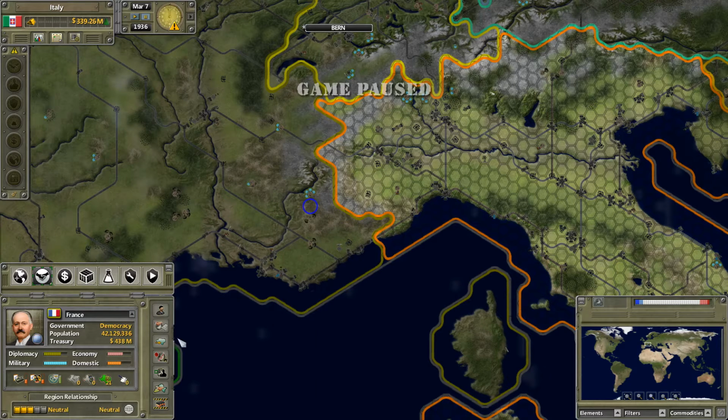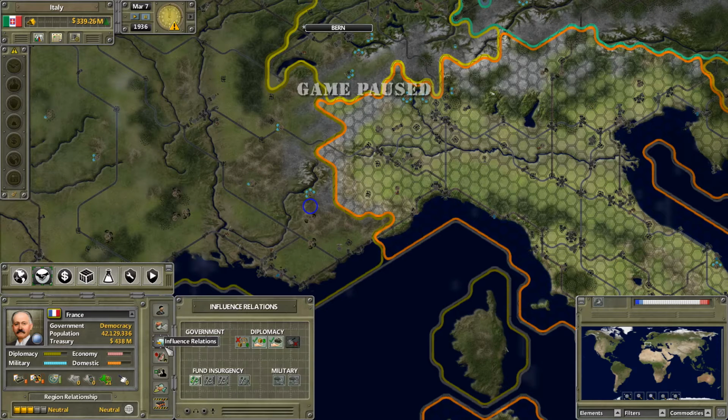Now, as you go through the diplomatic options, there's the negotiate with select region, then there's the influence relations, where you can support ruling party or support opposition, to try to lower or grow the domestic approval rating that they have, is basically what it has an effect on.